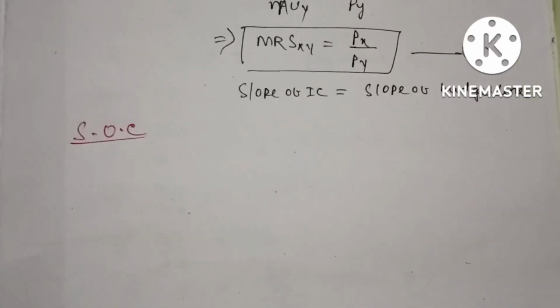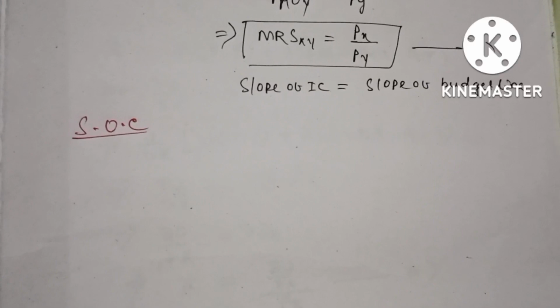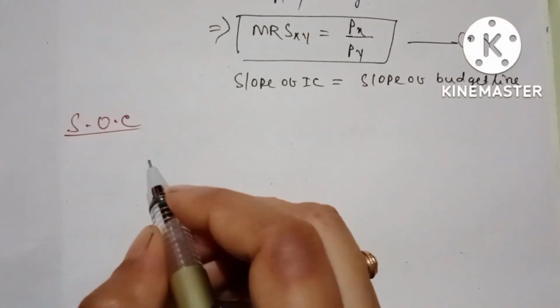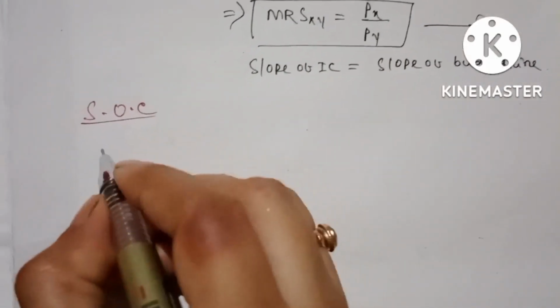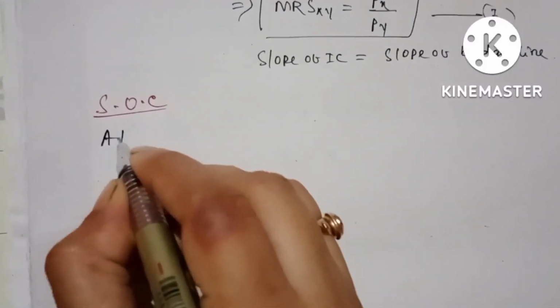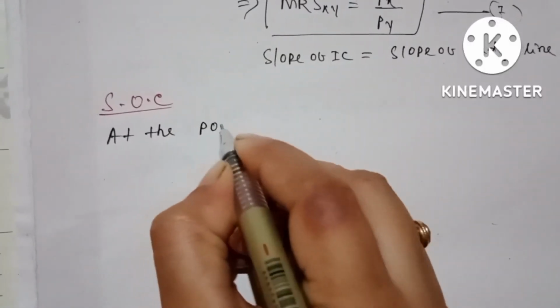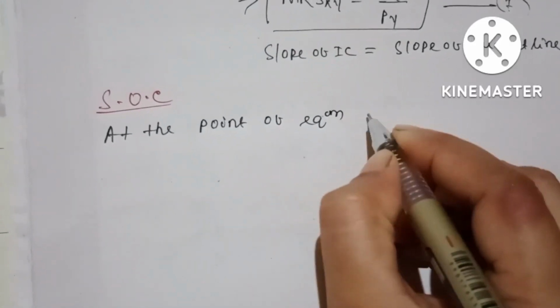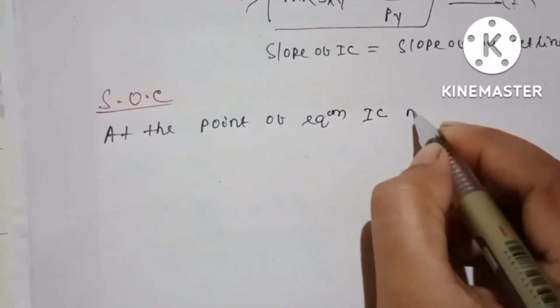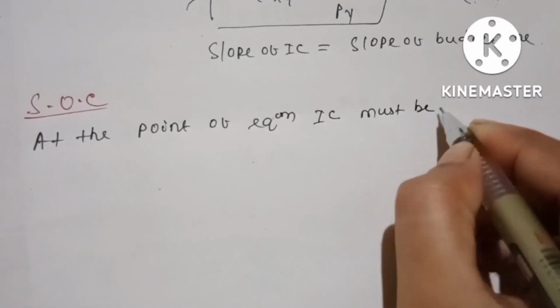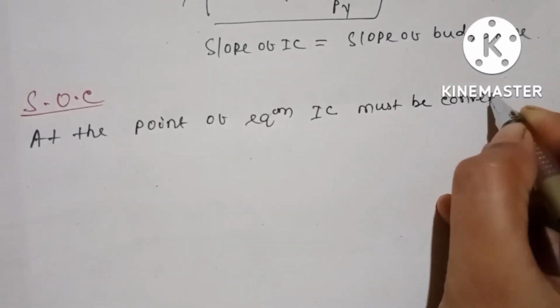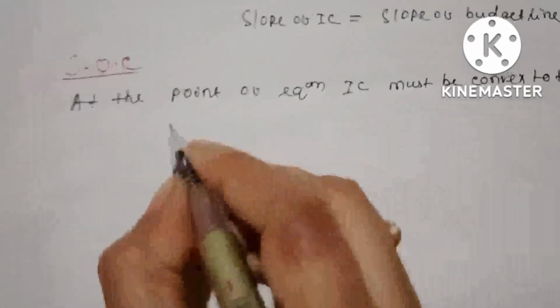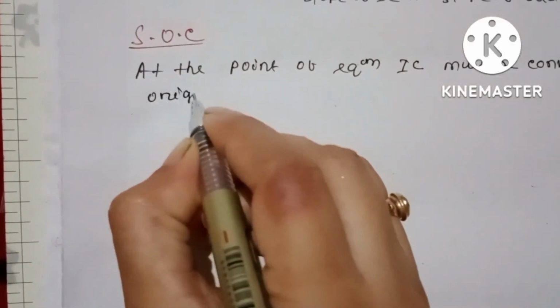The second order condition, or the sufficient condition, states that at the point of equilibrium the IC must be convex to the origin.